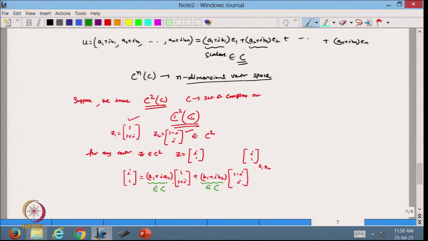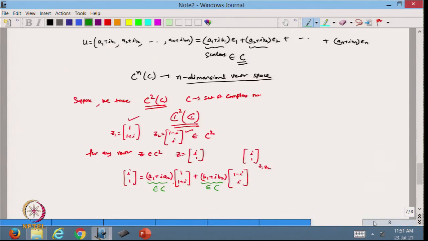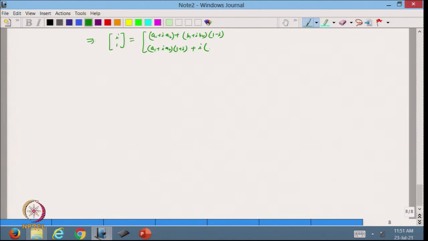Next one is (a1 plus i a2) multiplied by (1 plus i) plus (b1 plus i b2) into i.